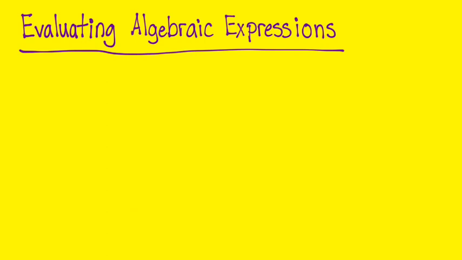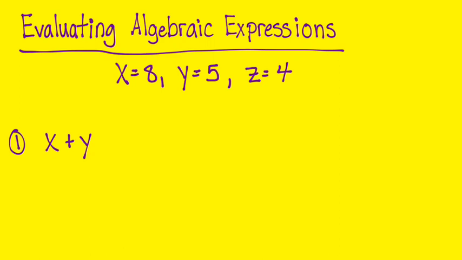Evaluating algebraic expressions. So if we're given the value of variables, like x is 8 and y is 5 and z is 4, and then we're given some expressions, we can substitute the value in to resolve the expression. So if I have x plus y, that would be 8 plus 5, which we know is 13.